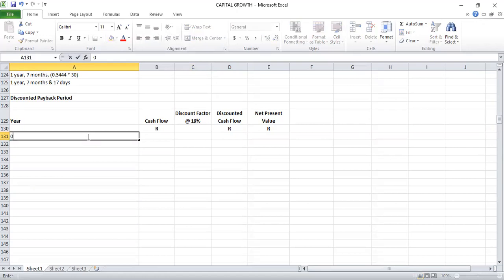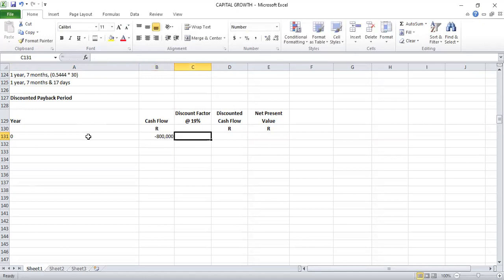We have here year 0. Our cash flow would be negative 800,000. The discount factor in year 0 will always be 1, always, because 1 rand today is just 1 rand. It doesn't change because the investment is done now. Then your discounted cash flow, you multiply your cash flow times the discount factor.